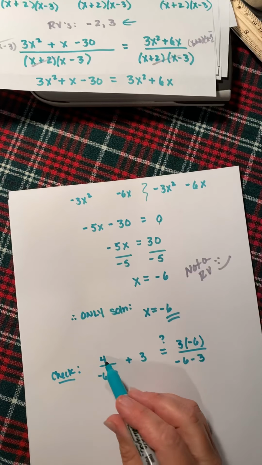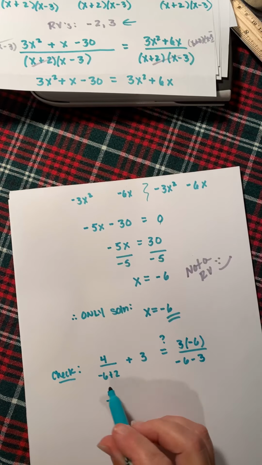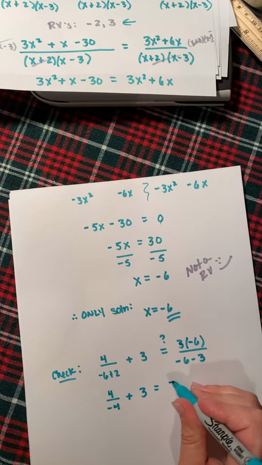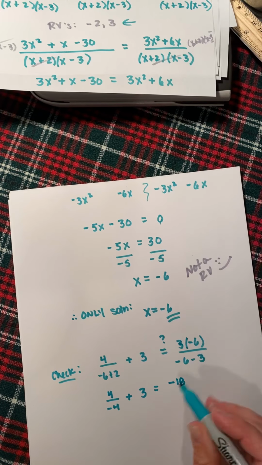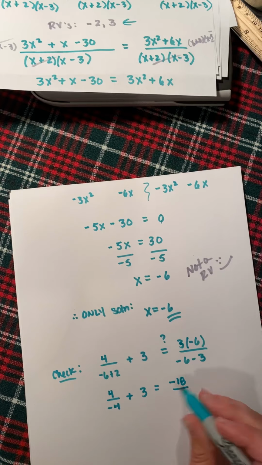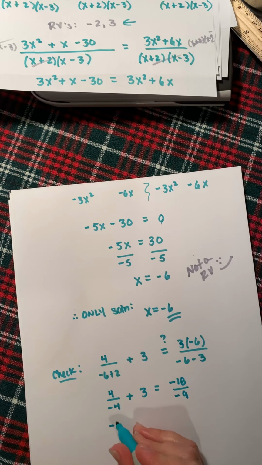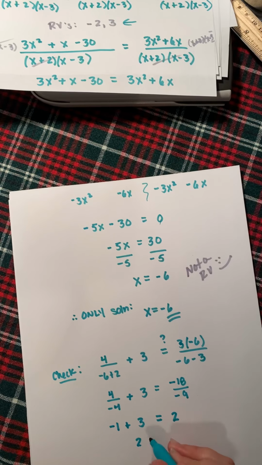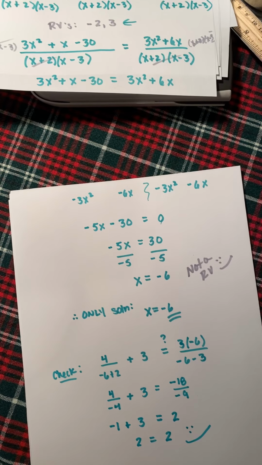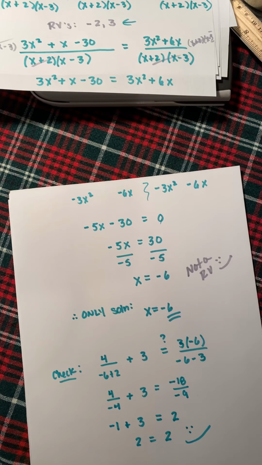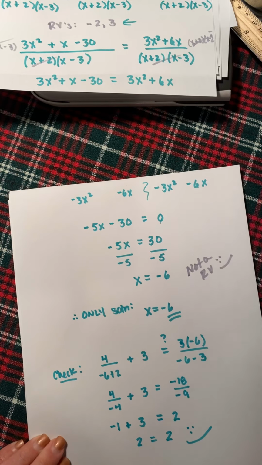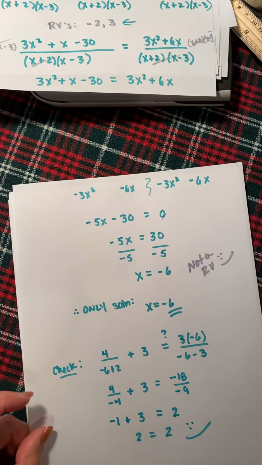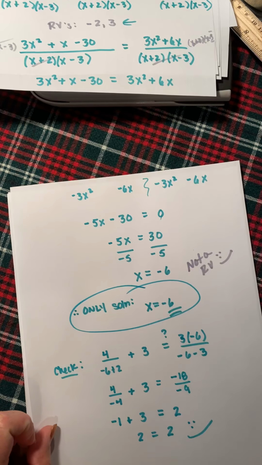Let's see that it works. 4 over negative 4, plus 3, equals negative 18, since 3 times negative 6 is negative 18, over negative 6 minus 3, which is negative 9. Negative 1 plus 3 on the left is 2, and we have 2 on the right. 2 equals 2. Woohoo! And that would be the only solution. So my only solution is x equals negative 6.